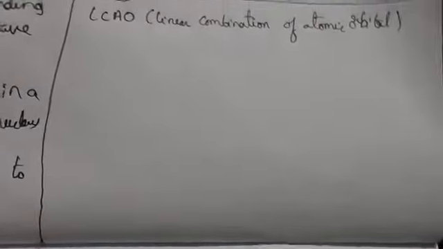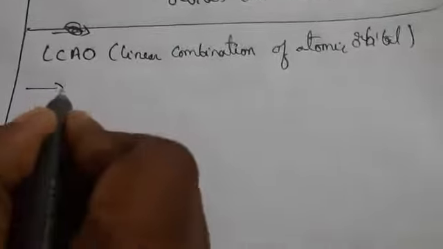So now let us see what first of all is linear combination of atomic orbitals.